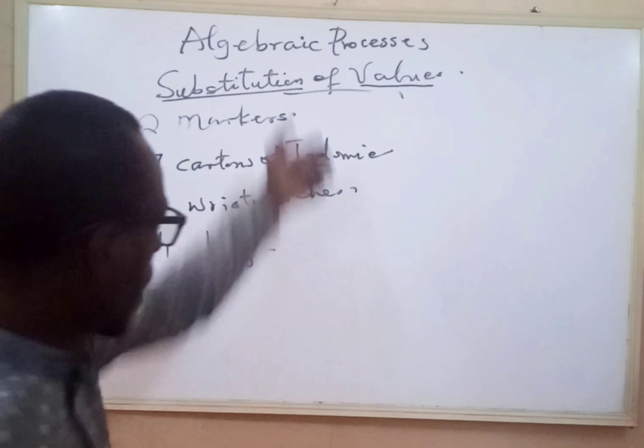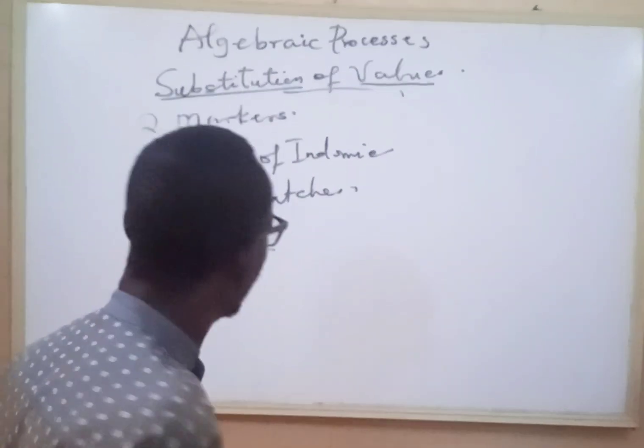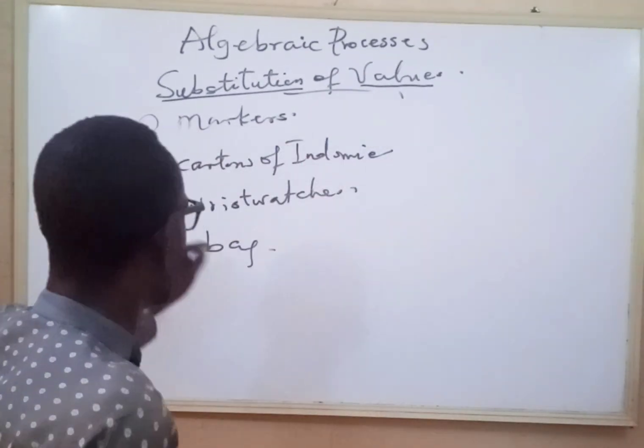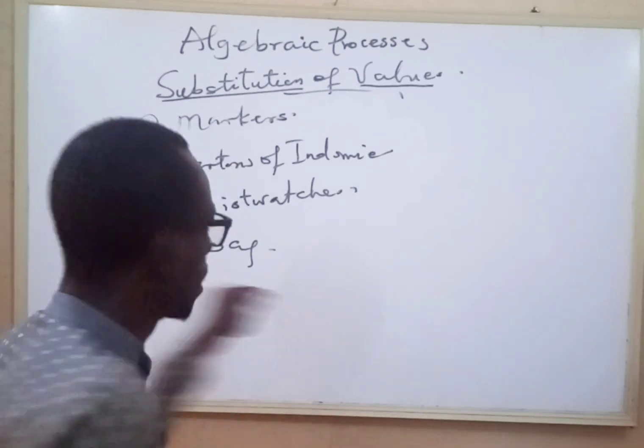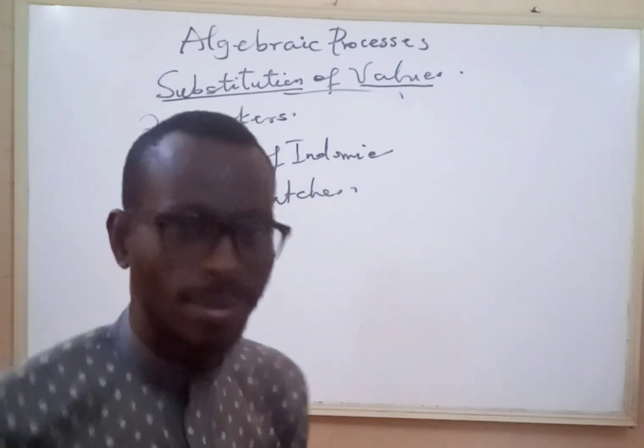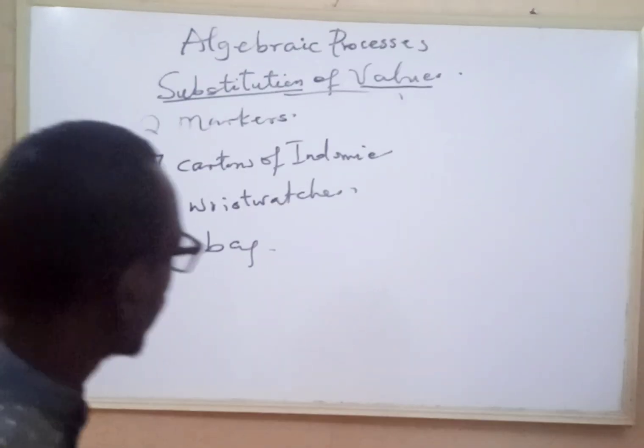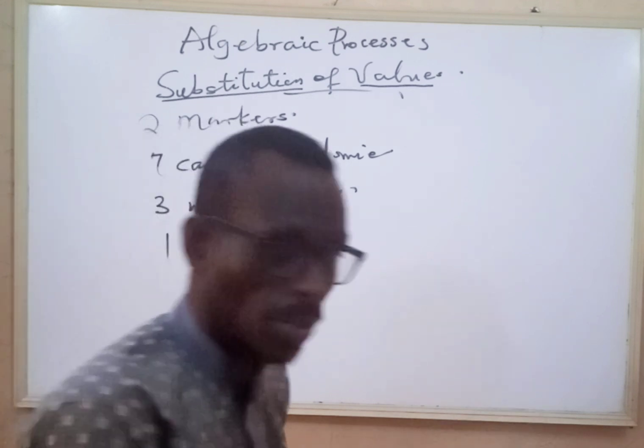You begin to itemize those things you have picked. You can see that 2 markers, 7 cartons of Indomies, 3 wristwatches, 1 bag. And you keep rolling, going to the cashier's point.